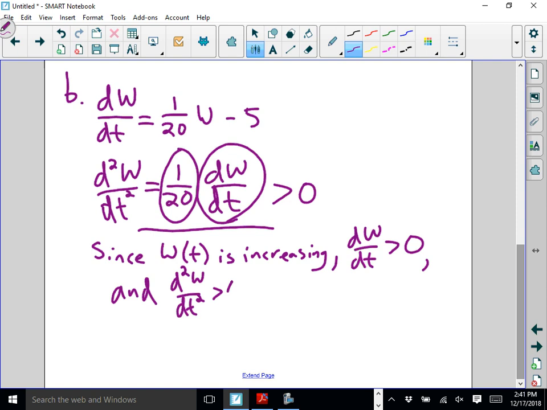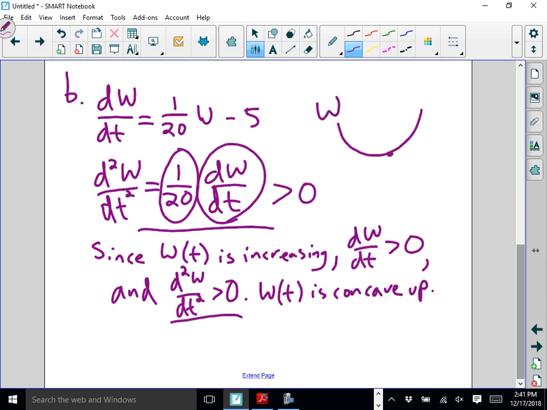So this is what we wanted to reach, because now we know the concavity of the graph of w of t. So now we can say w of t is concave up. So in my graph, I know this is what w looks like. The tangent line I wrote is clearly going to be too low of an estimate.